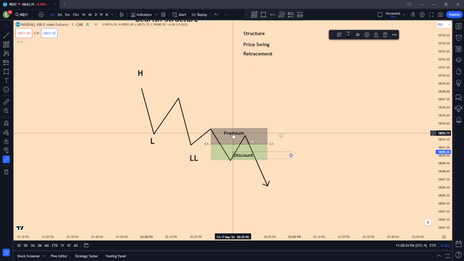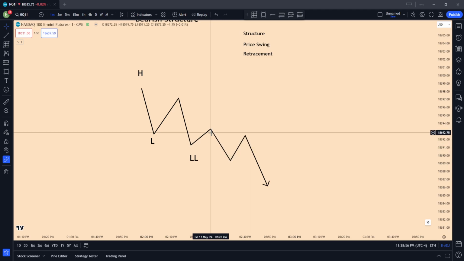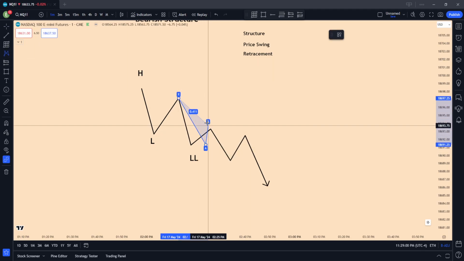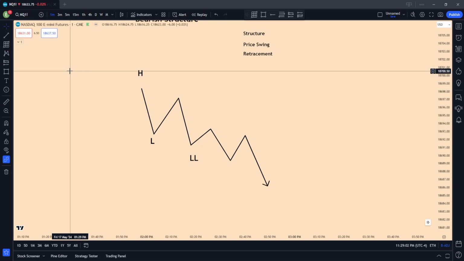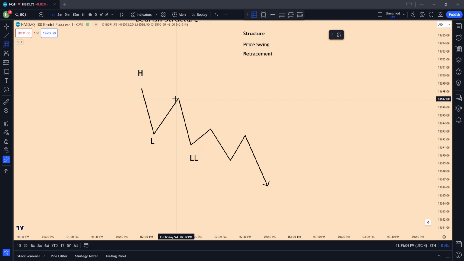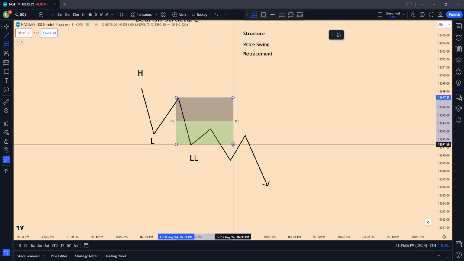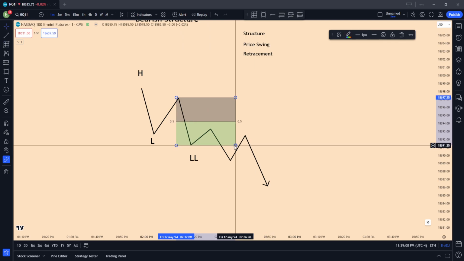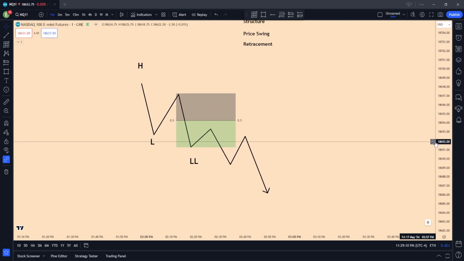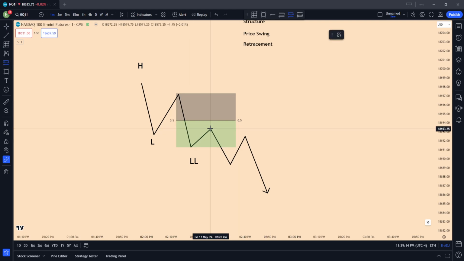Why can't I take a short over here? Because according to when you look at risk to reward, it doesn't favor the trader.